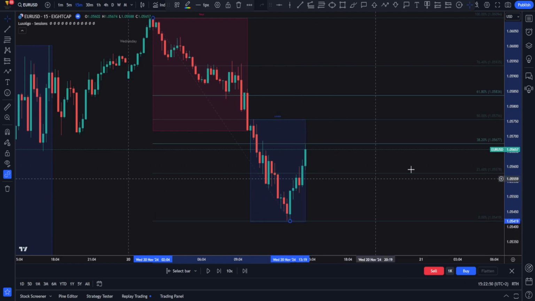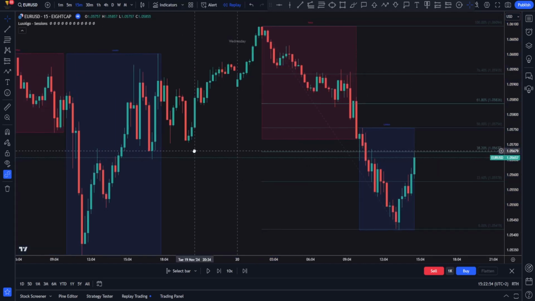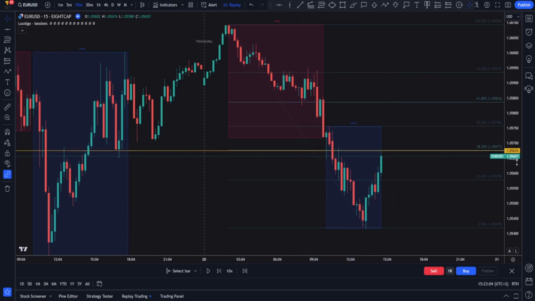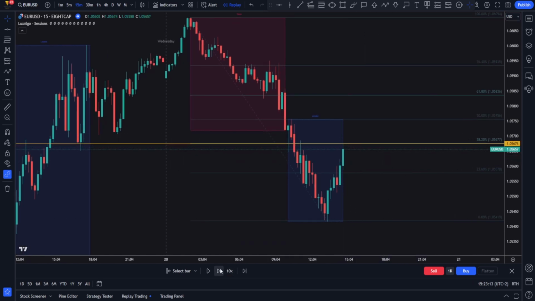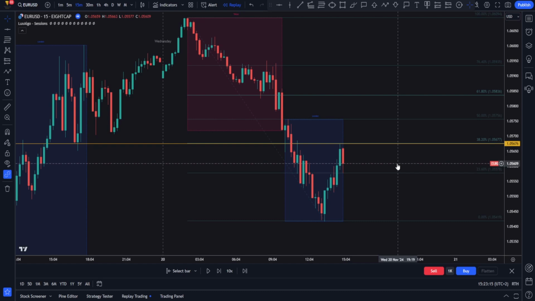So I've got the 38.2 level in perfect alignment with this previous market structure right here. If I place a horizontal level here on the 38.2, this is right around 1.0570, 1.0560, 1.0567. Anywhere around that level is where I'm going to be looking to take a sell trade.